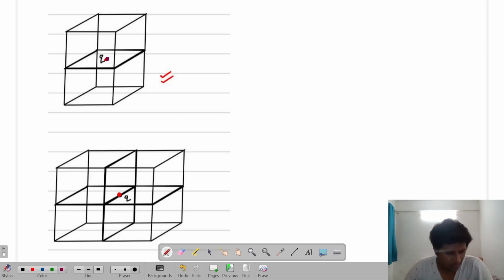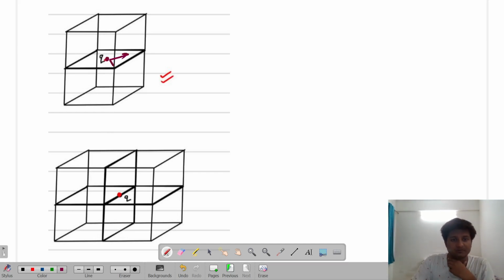We can't use Gauss law here, can we? Can you use Gauss law? So then, from which surfaces will the flux pass?